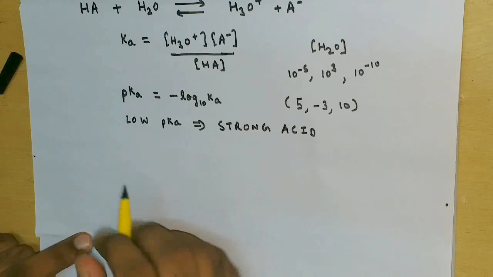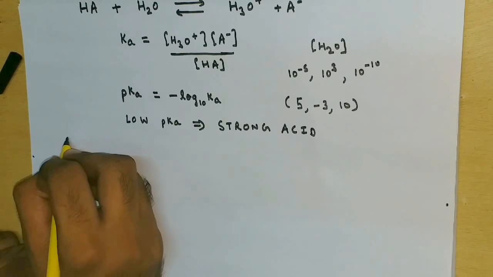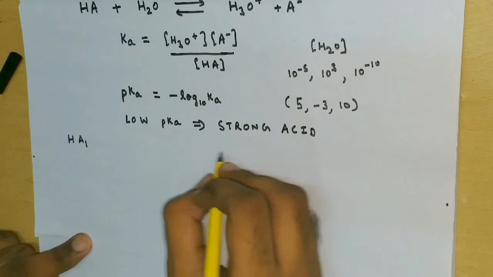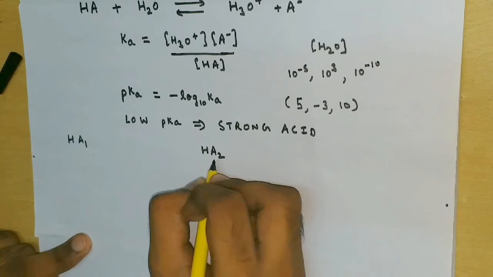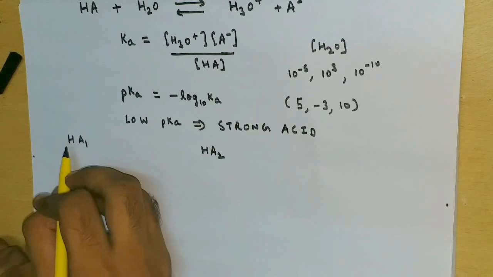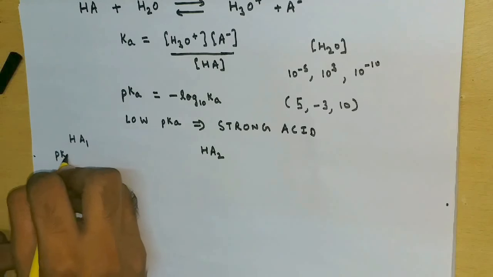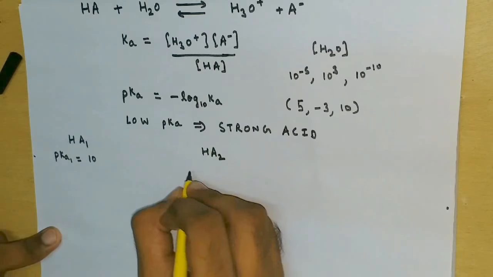So let HA1 and HA2 be two hypothetical acids and their pKa values be, let's say, for HA1 it is 10 and for HA2 it is 12.